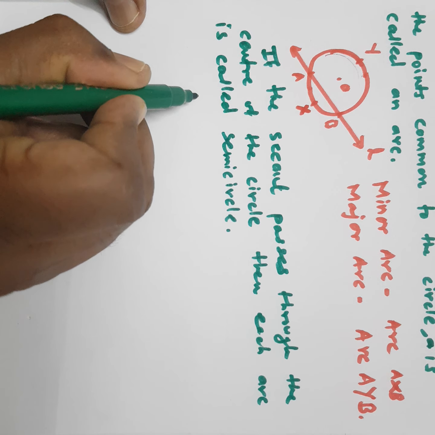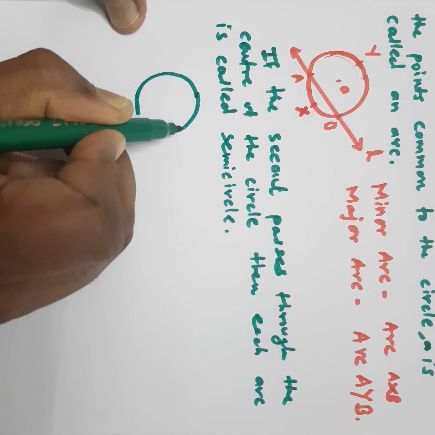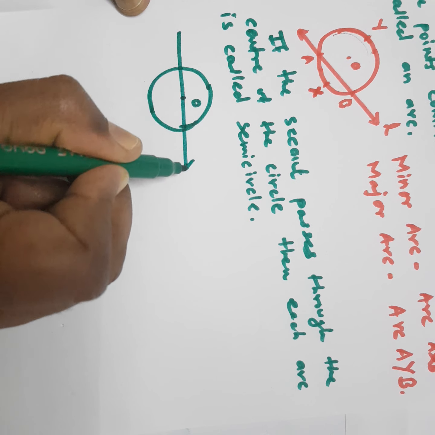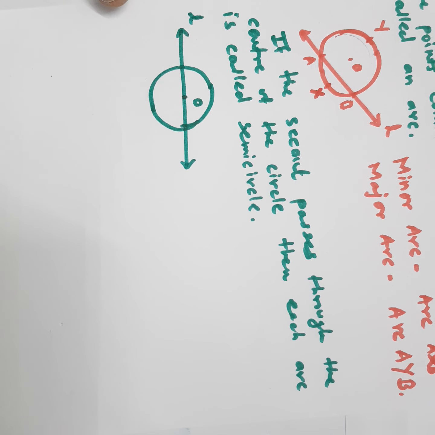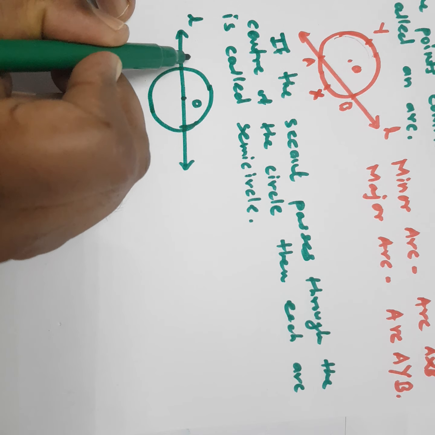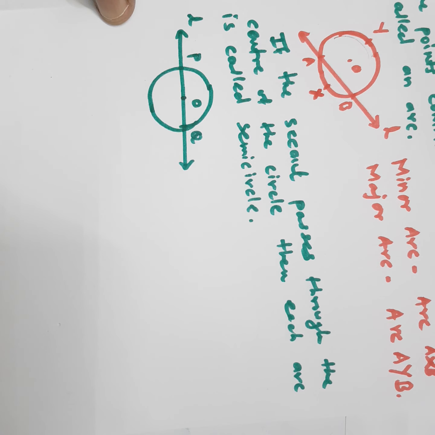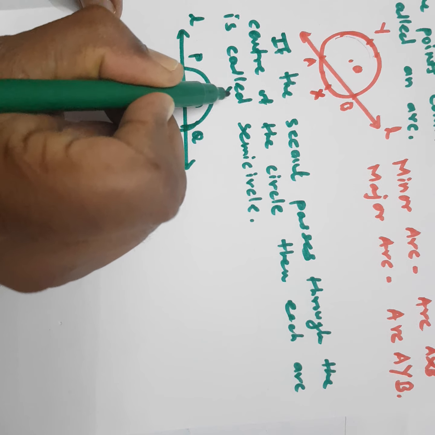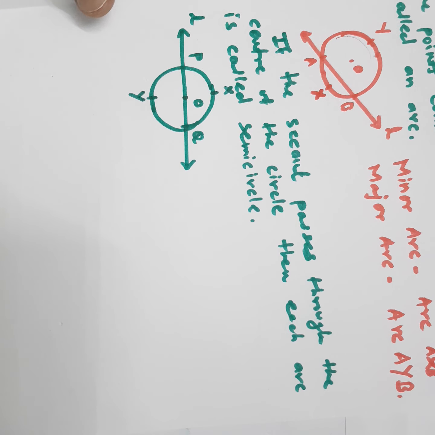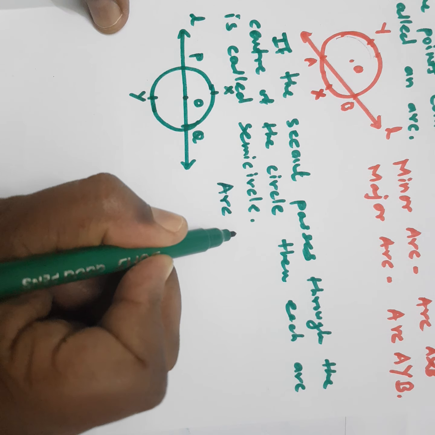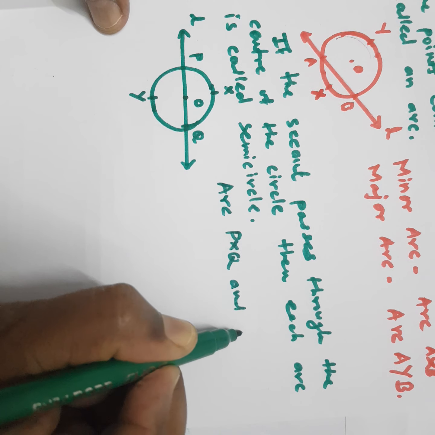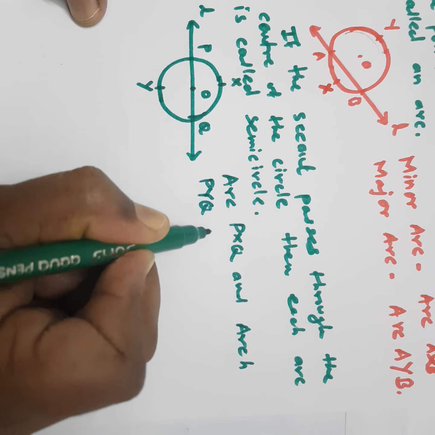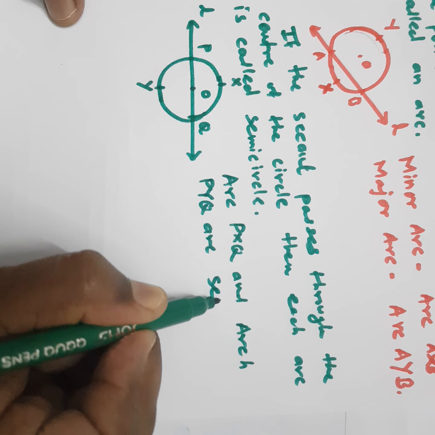See here, we will draw a figure. It is center O, and if this secant L passes through the center, then these two parts, if PQ is the secant, with points common to the secant and circle here X and here Y, then arc PXQ and arc PYQ are semicircles.